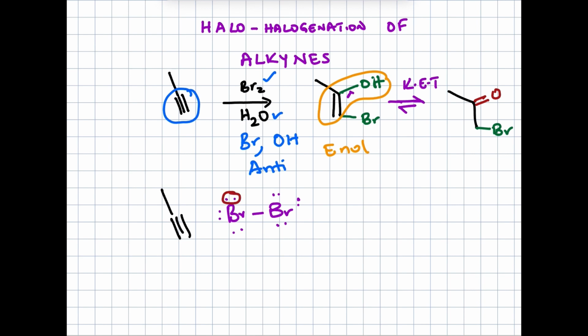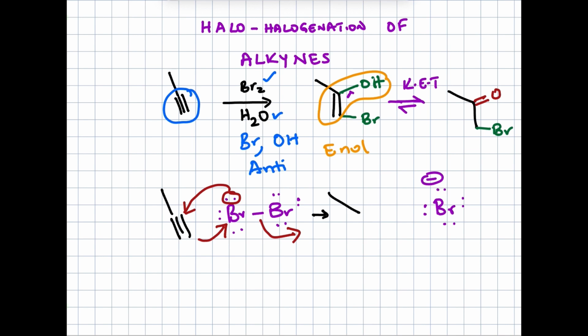So say these 2 electrons will attack the alkyne, while one of the triple bonds, that's 2 electrons, will go back to bromine to form a cyclic product, while the other bromine will leave as a Br minus, where these electrons that were used for bonding will go on that bromine. So that will be Br, and then the 6 original electrons plus the new ones from the bond, so you get a Br minus.